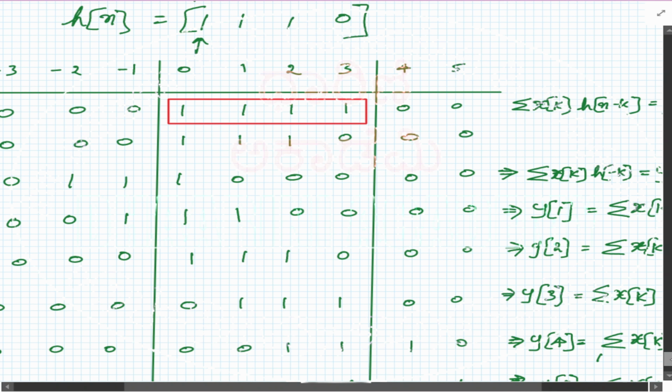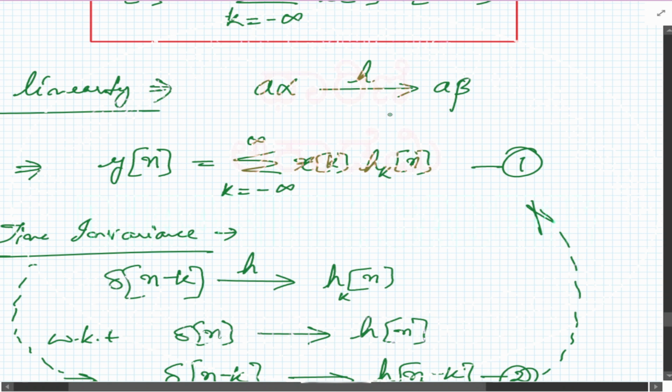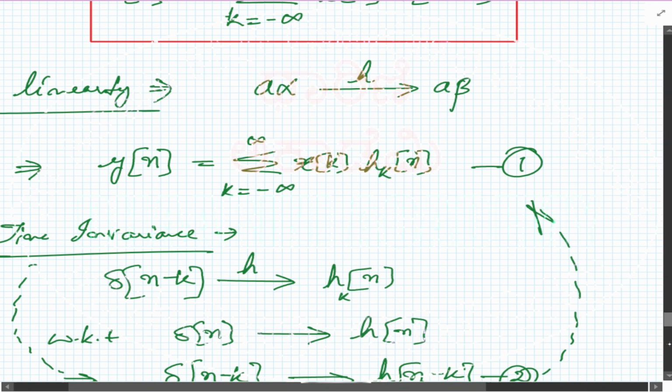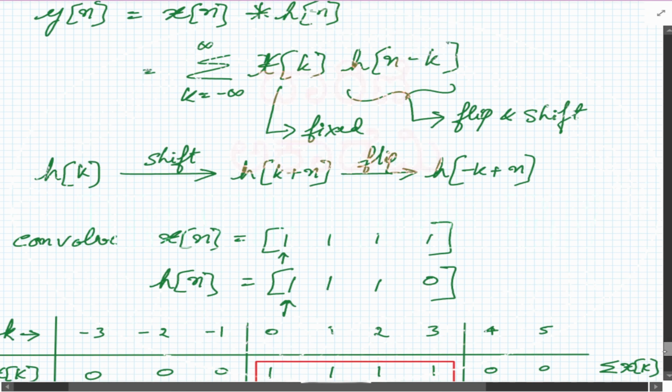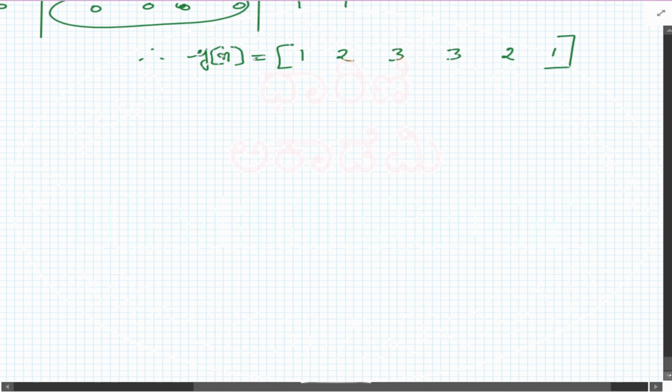Now my convolution concept says that you should be able to write even the final answer y of n also in a similar format, correct? It is expected to be written in the same format, so that is possible.